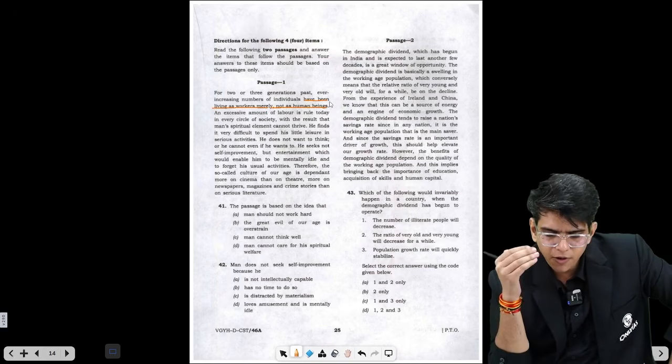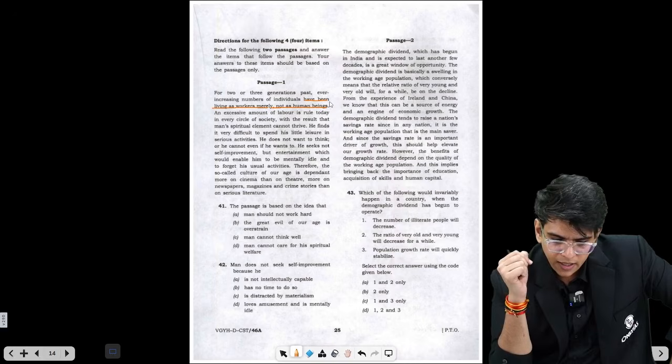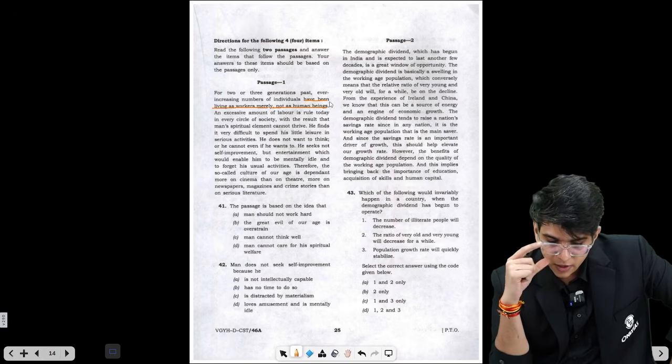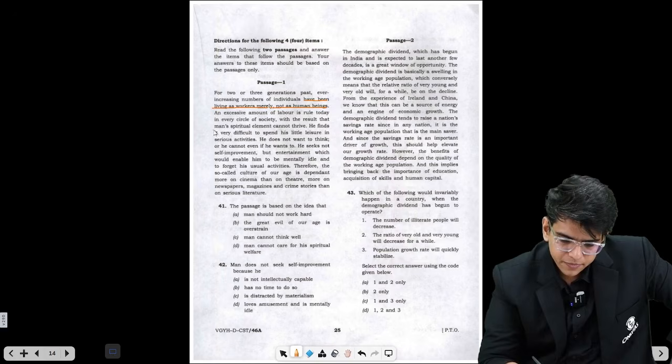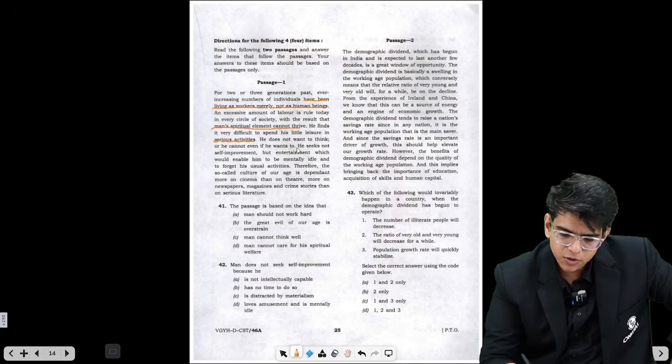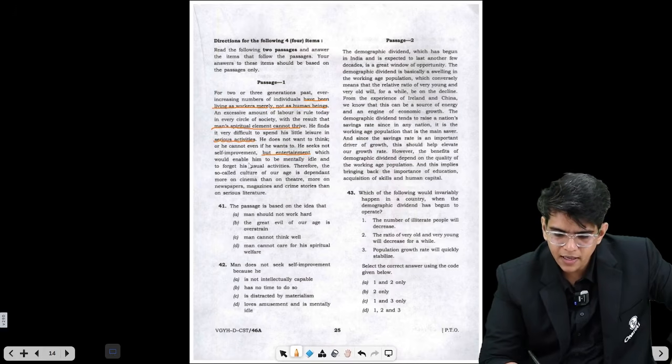An excessive amount of labor rules today in every circle of society with the result that man's spiritual element cannot thrive. He finds it very difficult to spend his little leisure in serious activities. He does not want to think, or he cannot even if he wants to. He seeks not self-improvement but entertainment which would enable him to be mentally idle and forget his usual activities.